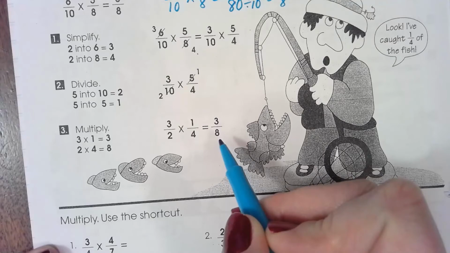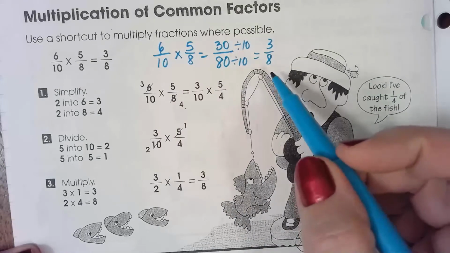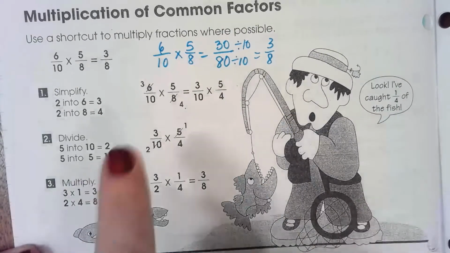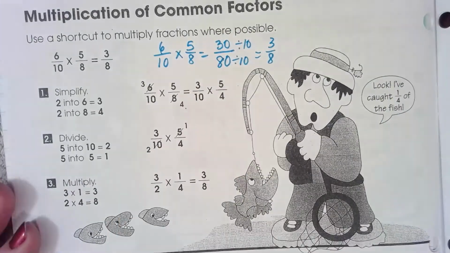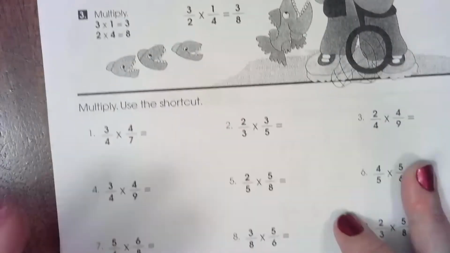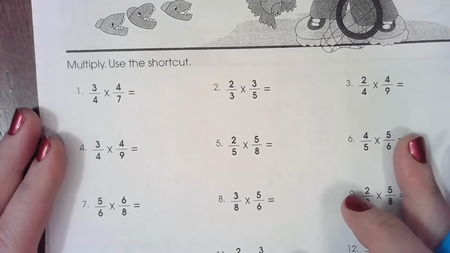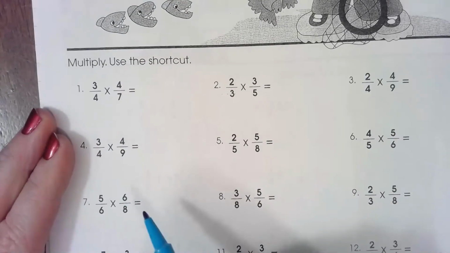Okay? Again, they got the 3/8 that we got, but they tried to simplify first. Okay, and that works too. It might make your numbers a little smaller before you multiply, but we know how to simplify. We can do it either way.